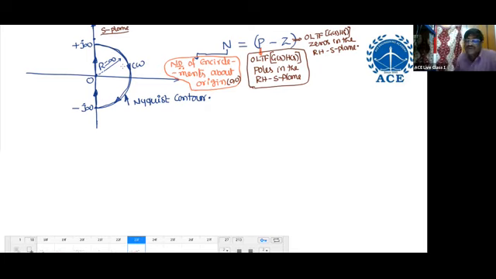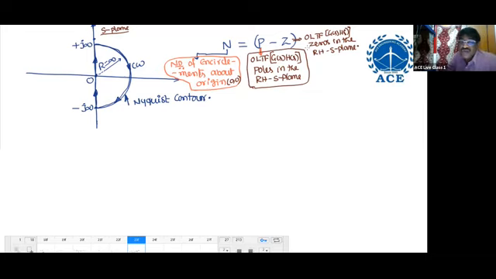N is the number of encirclements about origin, P is the open loop poles in the right, and Z is the open loop zeros in the right. You should be very careful about the calculation of encirclements, whether you are taking them about origin or about -1.